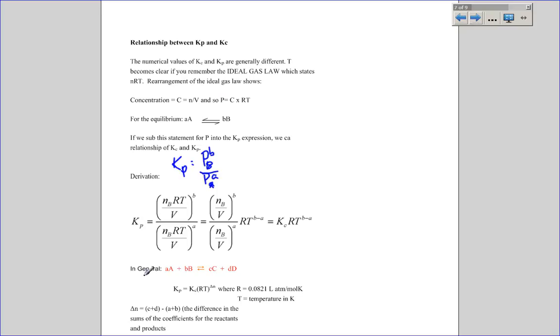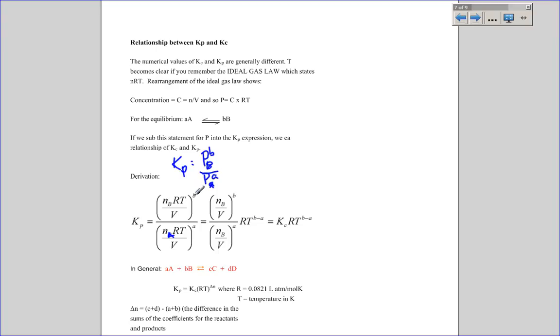If we take PV equals nRT, we can substitute the pressure with n over V times RT, to the b, divided by n over V times RT, to the a. In the next step here, what I've done is I've taken out the RT.